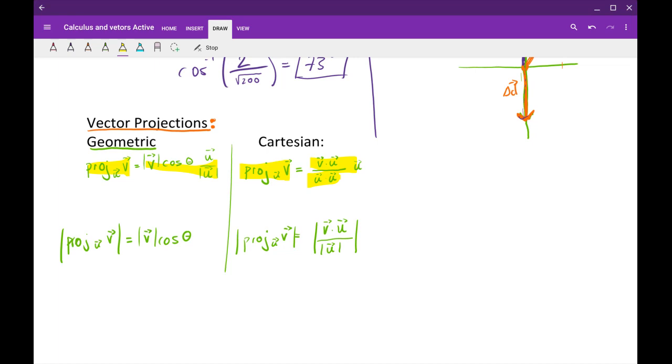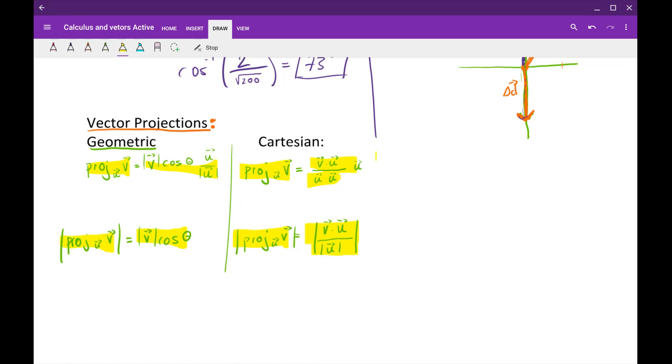Here is the magnitude of a projection. You use this formula if your vectors are given in geometric form, and this one if your vectors are given in Cartesian form. Okay, and those are some of those questions there.